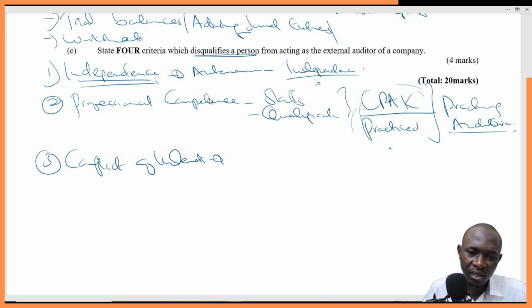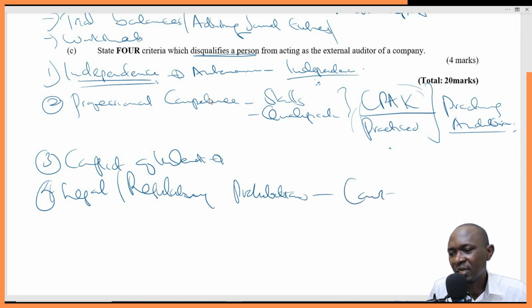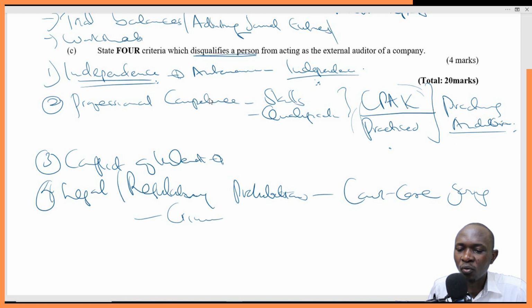Then legal, we have legal and regulatory prohibitions, and mostly this will come in when you have a court case that is ongoing, or some time back you were found to be guilty of criminal charges that will not go well with the profession, and in such cases you might be disqualified from acting as an external auditor of the company.